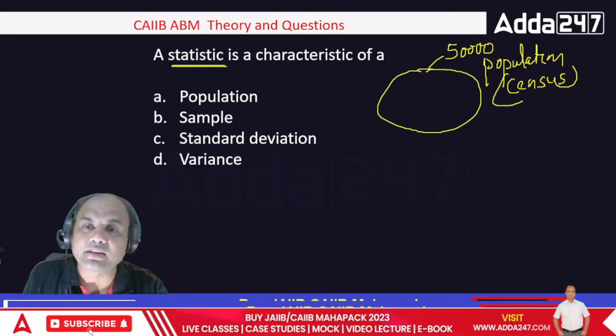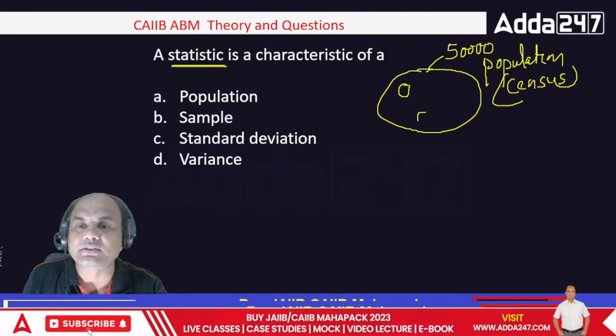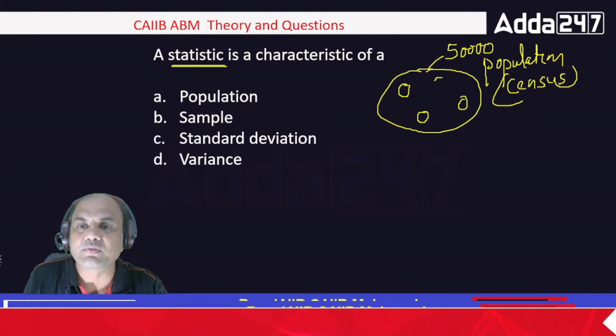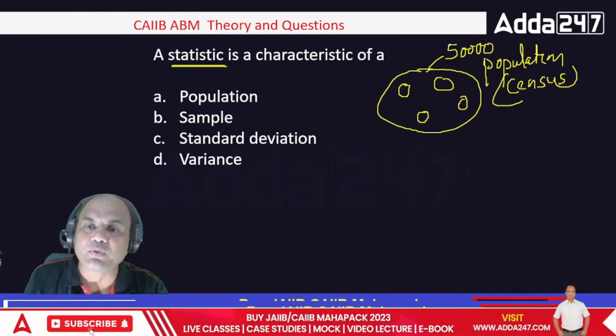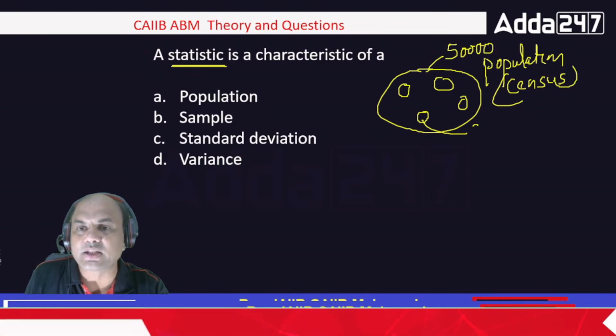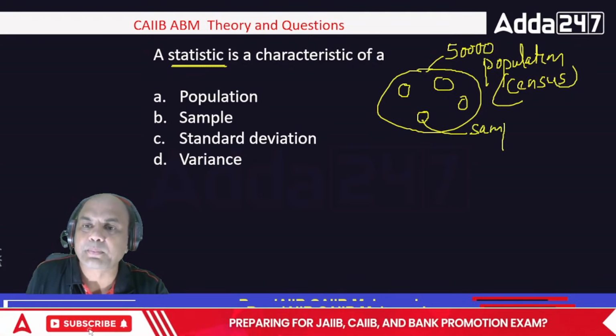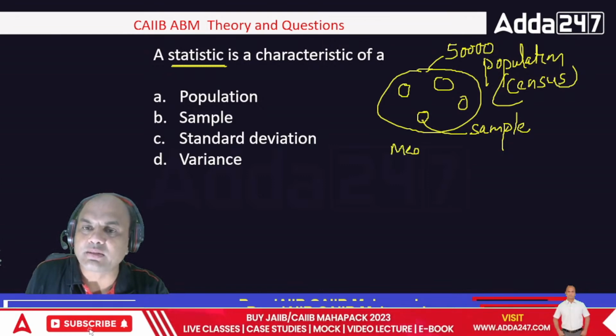And what is a sample then? Suppose I take some from here, some from here, some from here, and one from here. Let's say I am taking 4 samples over here. Now if I find the mean of these 4 samples, this is known as a sample.